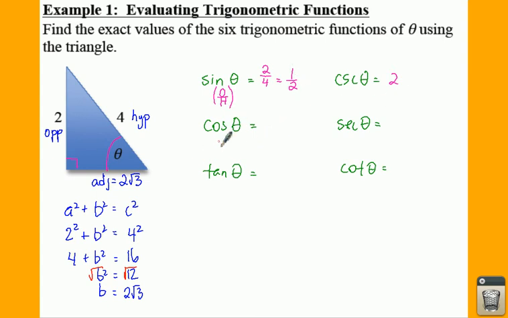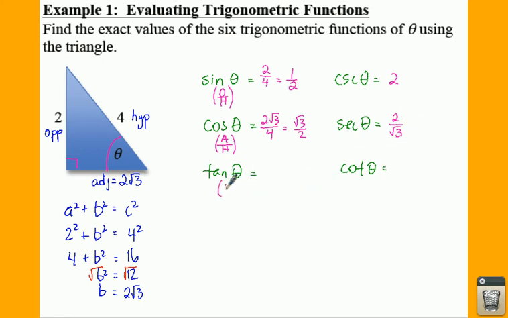Now your cosine is going to be the CAH part, which is your adjacent over your hypotenuse. So your adjacent side is a 2 radical 3 over a 4, which just reduces to a radical 3 over 2. So then if you find your secant, that's going to be the reciprocal of that, which is a 2 over radical 3. And remember, you don't have to rationalize here.